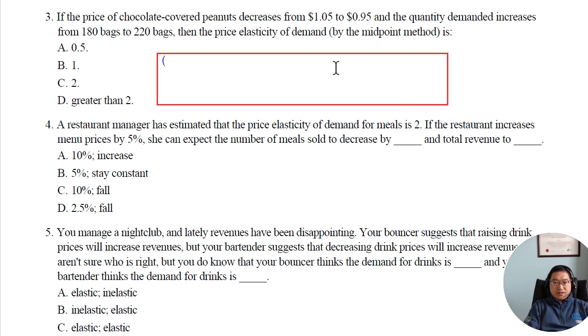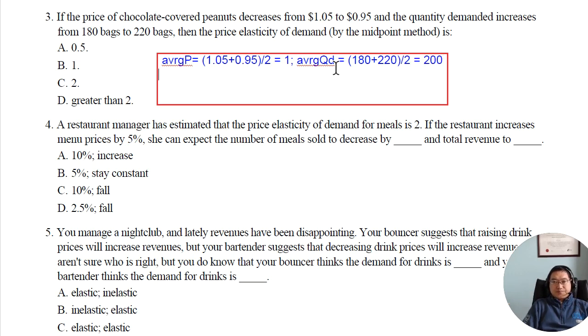The average price is 1.05 plus 0.95 divided by 2, which is obviously 1, and the average quantity demanded is 180 plus 220 divided by 2, which is clearly 200.